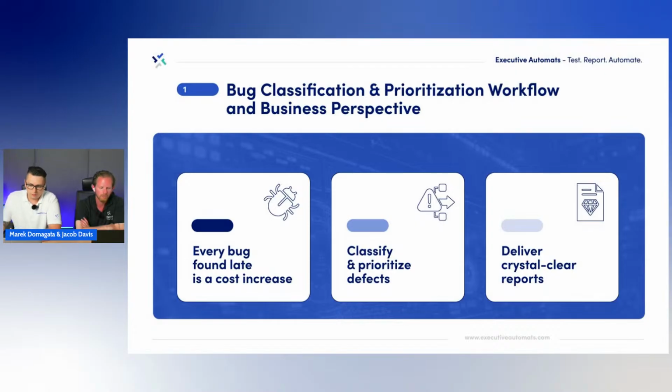It's a rough estimation, because on a very early stage, like gathering requirements, finding a bug might cost $1, but with the next stage, implementation, it will cost 10 times more.